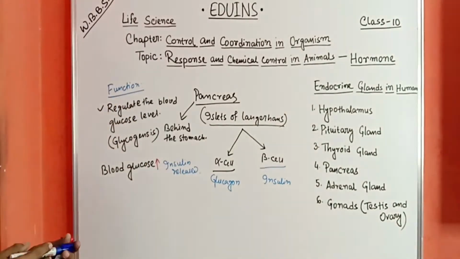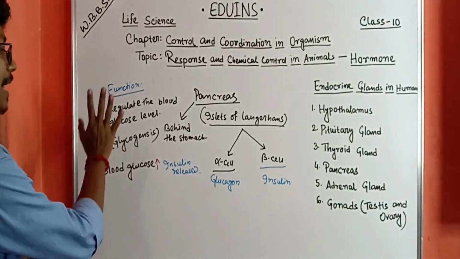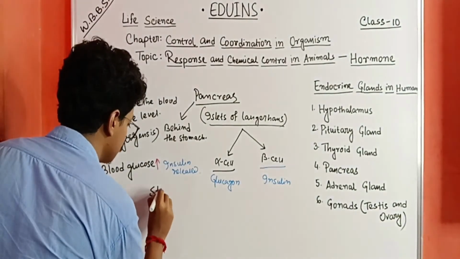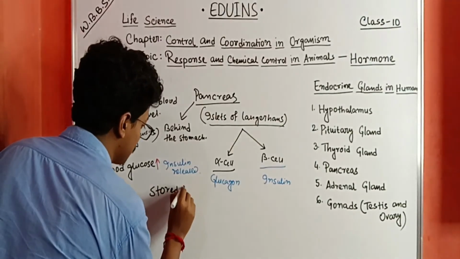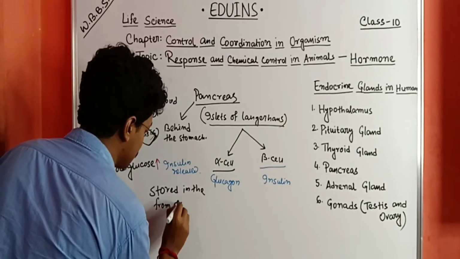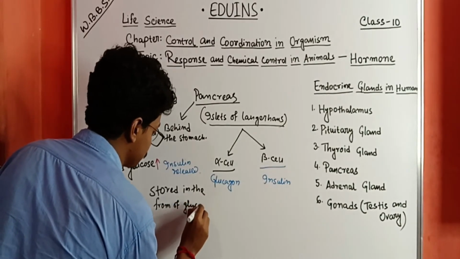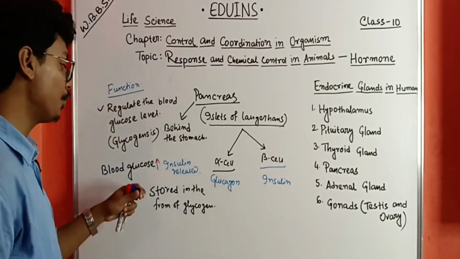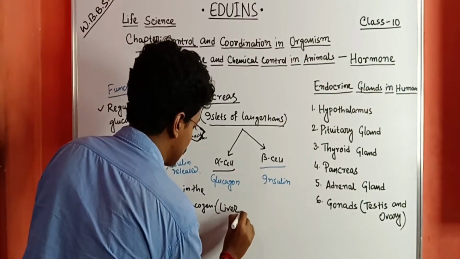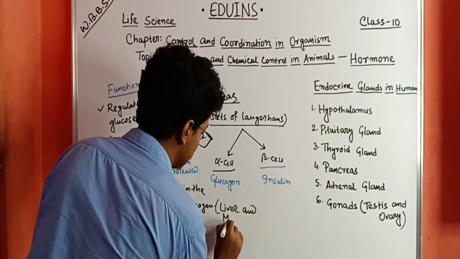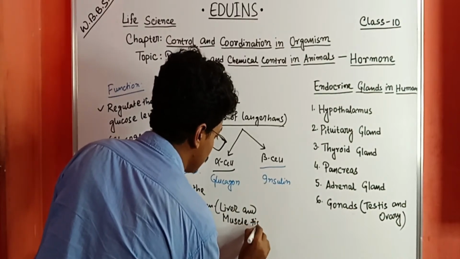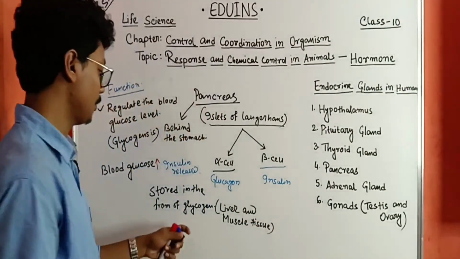This insulin stores the blood glucose in the form of glycogen, stored in the liver and the muscle cells.